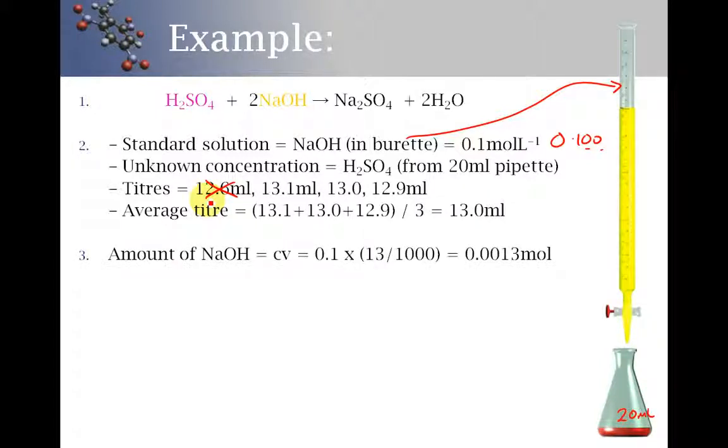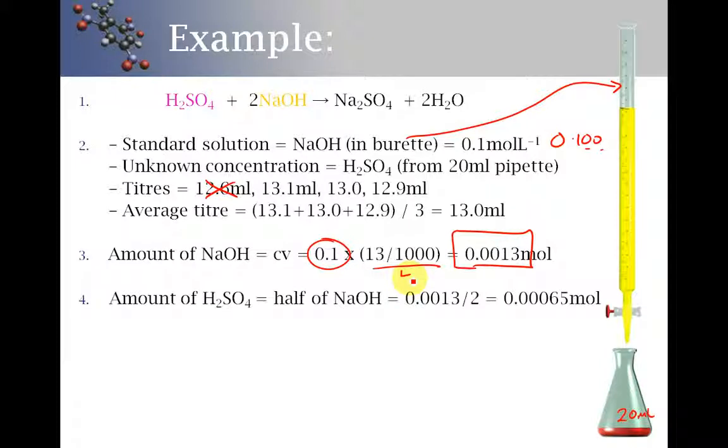The amount of NaOH equals C times V, which equals the concentration times the volume, which equals that amount right there. Excellent. Notice I divided it by 1000 to work it out in litres. Rightio. Then I went to my balanced equation and found that I've always got twice as much sodium hydroxide, so if I've got to work out the sulfuric acid, it's going to be half the amount.